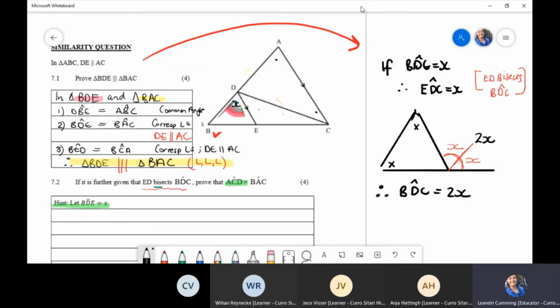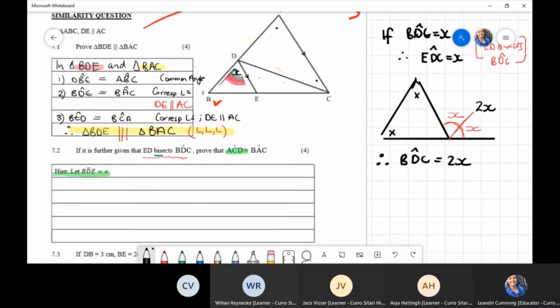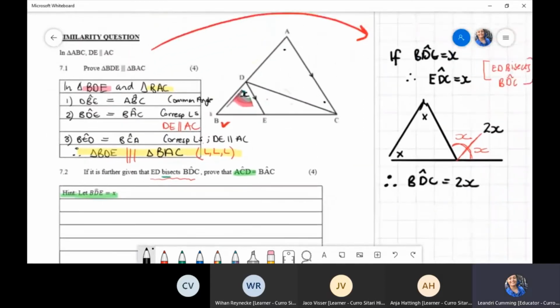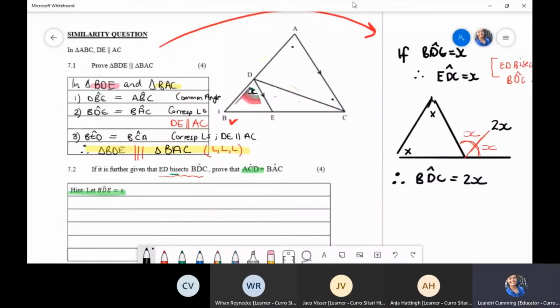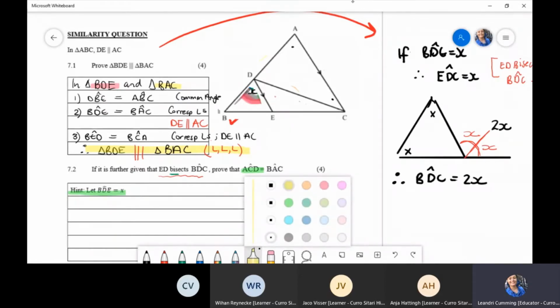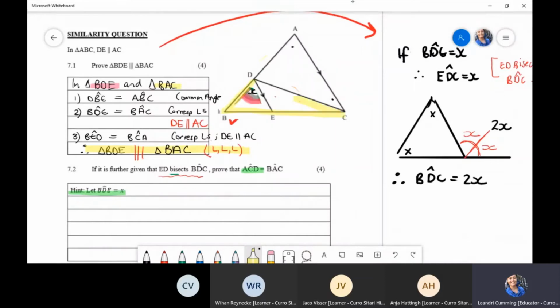What we can also see is that later on they're going to give us lengths, and we are also able to use congruency if we need to prove certain triangles having the same size or the same length.